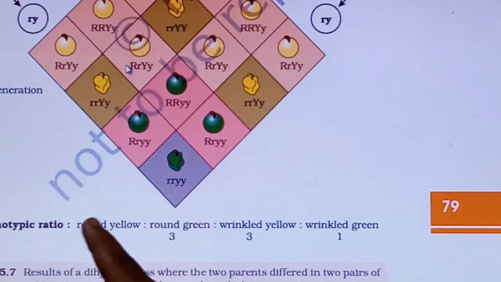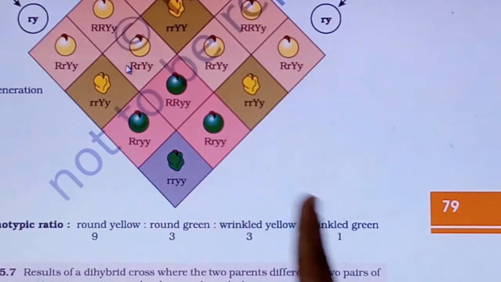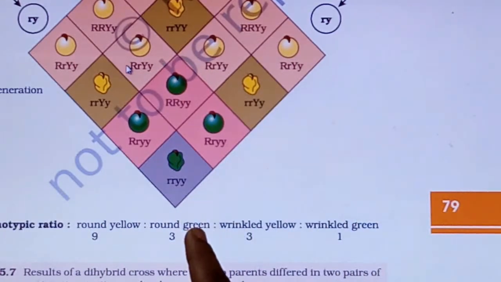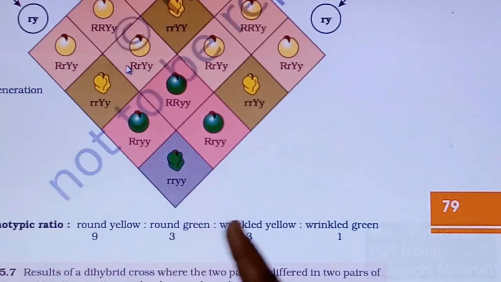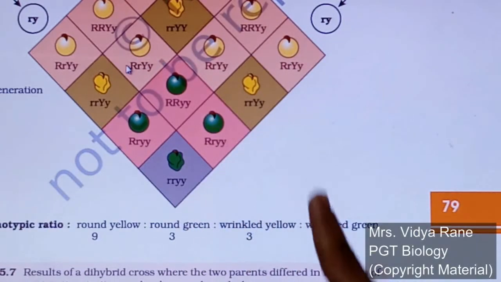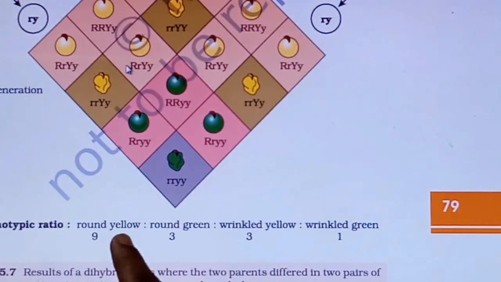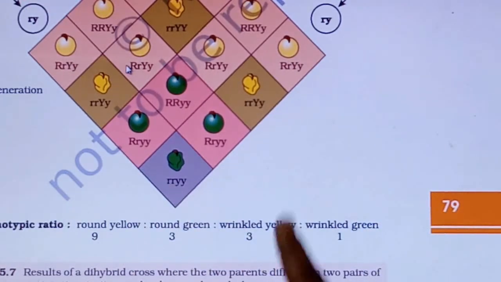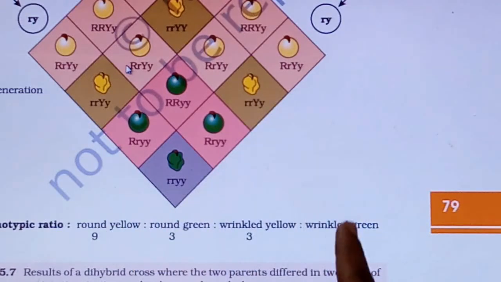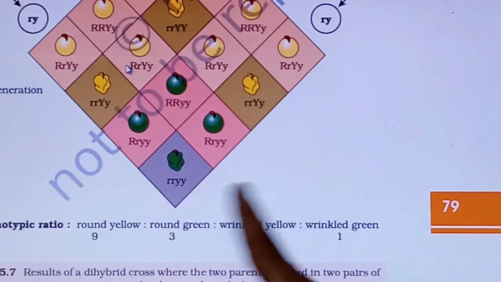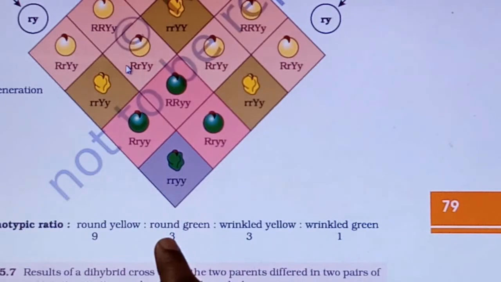From the dominant parent, round has come and from the recessive parent, green has come; that will be the 3. And the next 3 hybrids will be from the recessive parent, wrinkled has come, and from the dominant parent, yellow has come. So in both, one character comes from the dominant and one from the recessive parent, and like that we will find 3 plus 3 organisms.